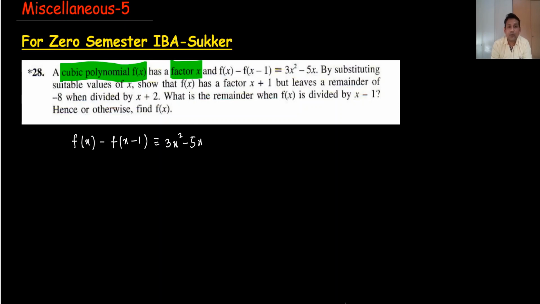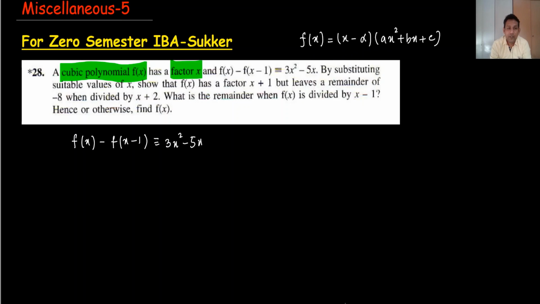What is a cubic polynomial? When you write f of x, cubic means you have one factor like x minus alpha, and you write ax squared plus bx plus c.